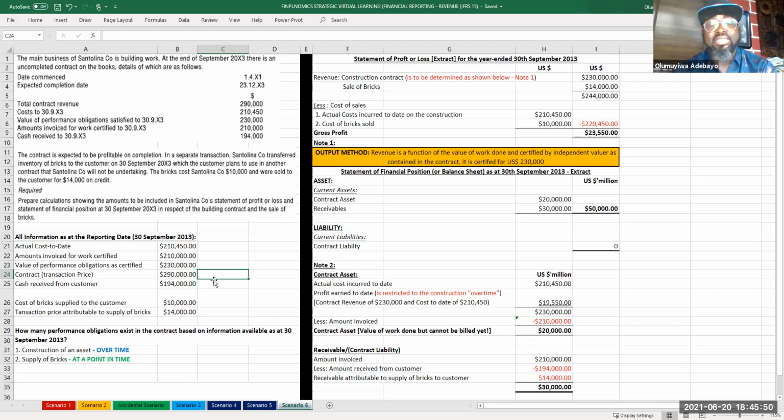Usually, based on practical experience, you may use the provision matrix or normal experience from your past practices. Do you get what I'm saying now? Which means the issue of retention has no bearing with contract assets.